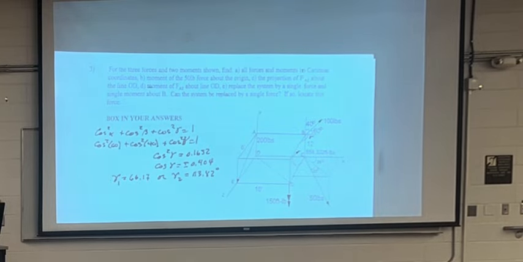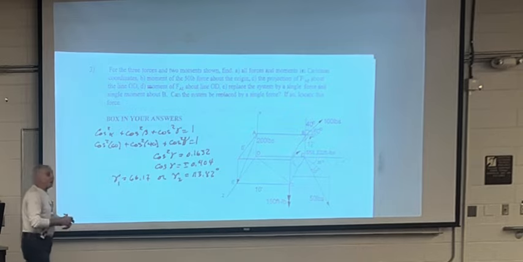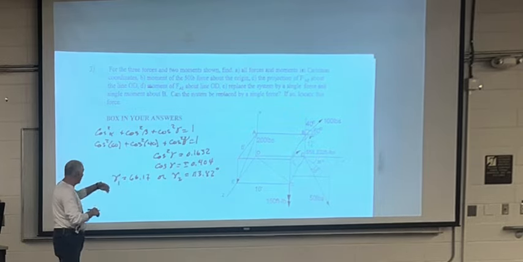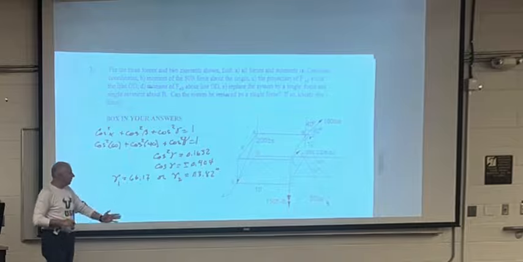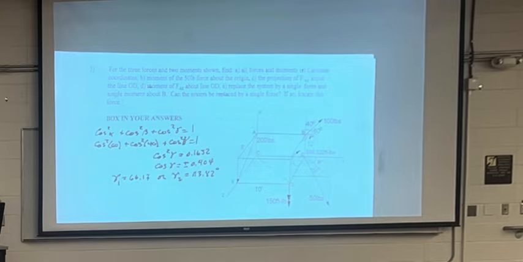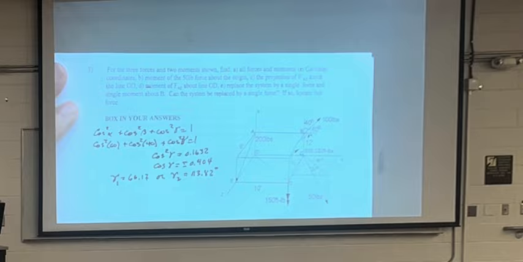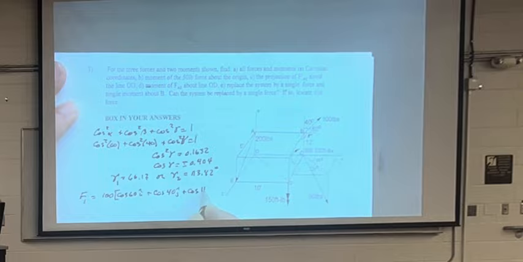113.82. Now you've got to make a decision. Do I take the acute angle or do I take the obtuse angle? Well, in this case, I'm taking the obtuse. So F1 is automatically 100 times cosine 60 i plus cosine 40 j plus cosine 113.82 k.